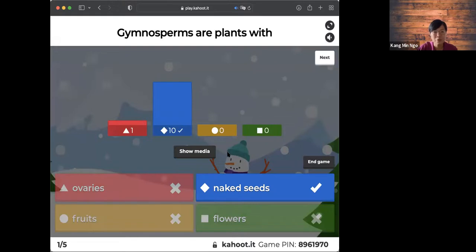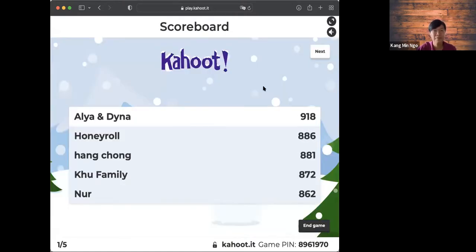Most people got it correct because I mentioned gymnosperms are plants with naked seeds, right? So gymnosperms will not have ovaries or fruits or flowers. Okay, next. Who got the highest? Okay, Alia and Dinah.